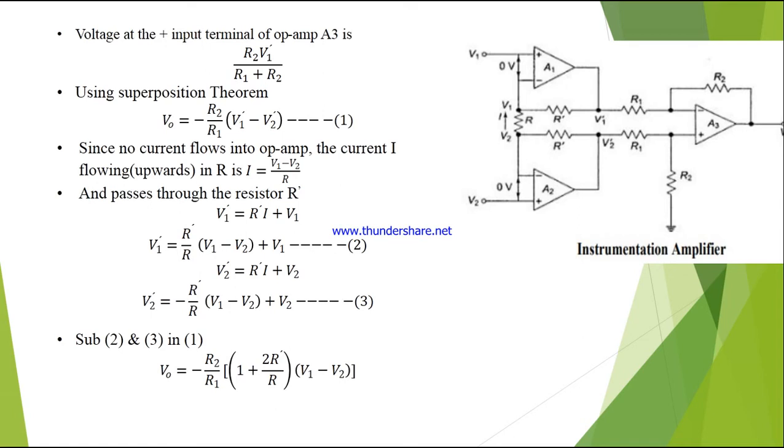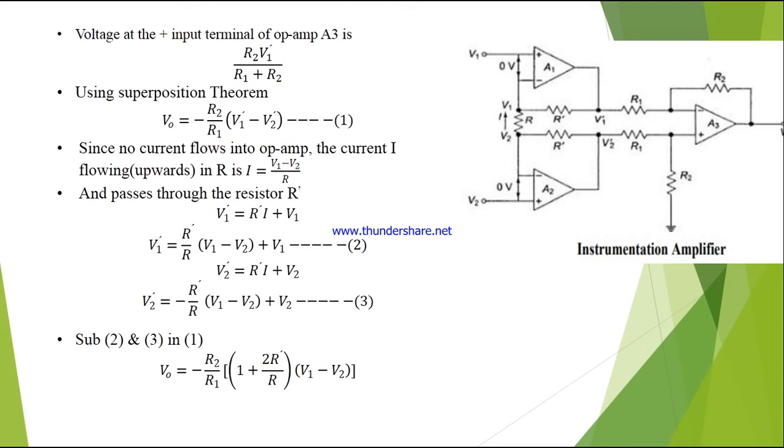As no current flows through R and R dash, the non-inverting amplifier A1 acts as a voltage follower, so its output V2 dash equals V2. Similarly, the operational amplifier A2 acts as a voltage follower, having the output V1 dash equal to V1. This is the first case.